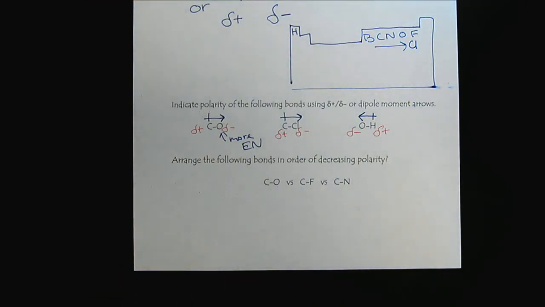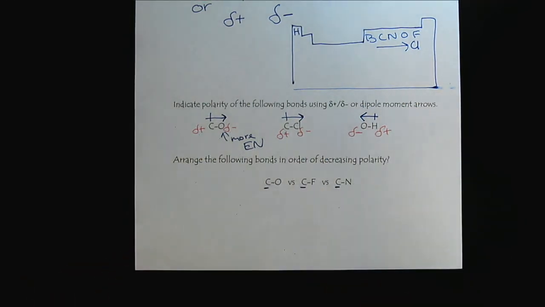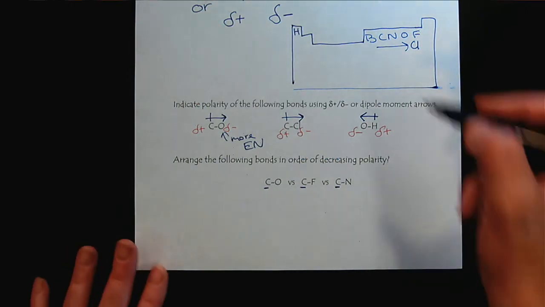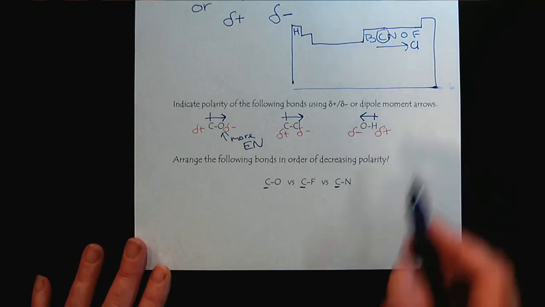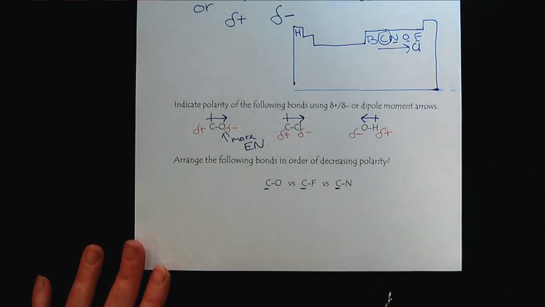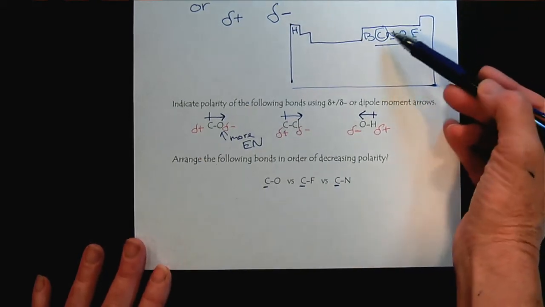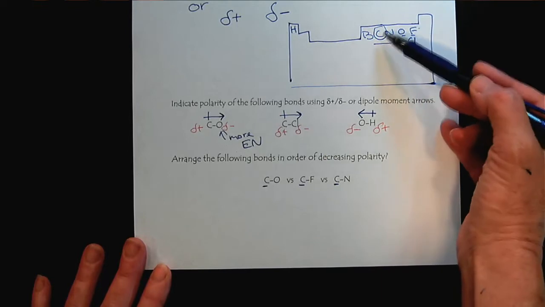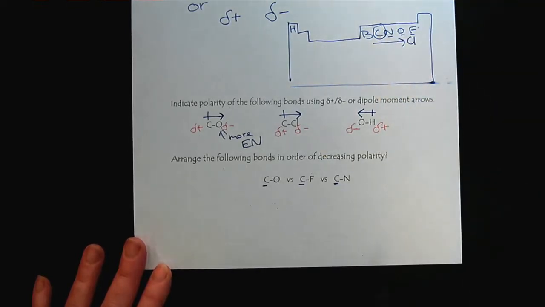This type of question is only reasonable to ask if we keep one atom the same. So here's our buddy carbon, and we're looking at how carbon is bonding to nitrogen, oxygen, and fluorine. The greater the distance between two elements in the periodic table, the greater the difference in electronegativity.